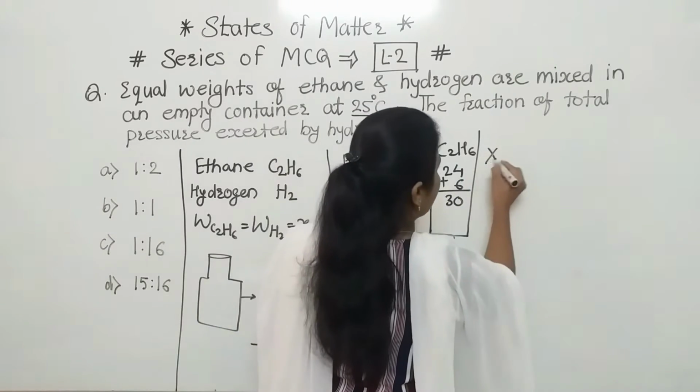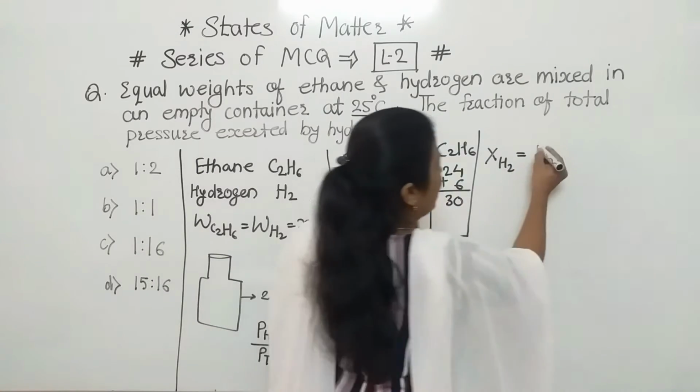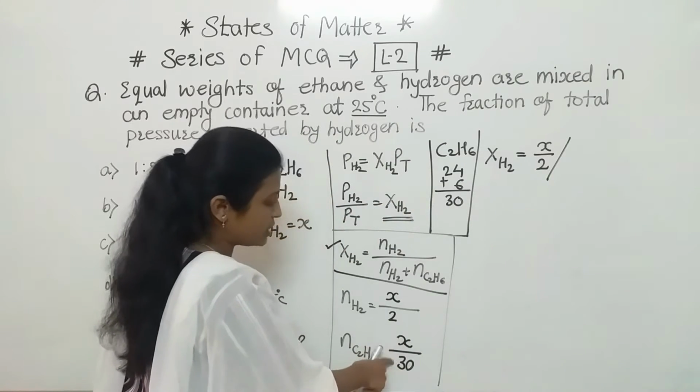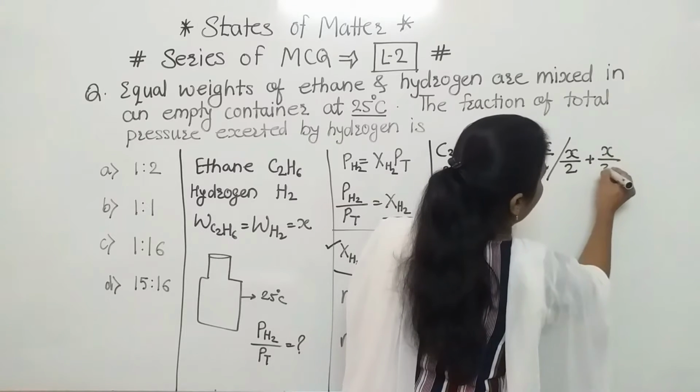So XH2 is equal to NH2, which is x by 2, divided by x by 2 plus x by 30.